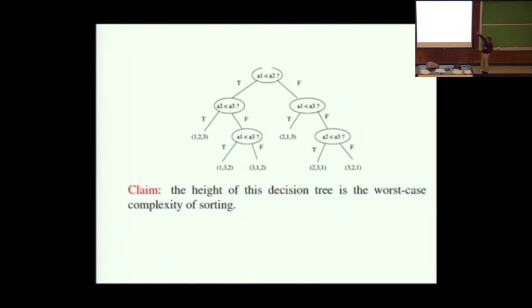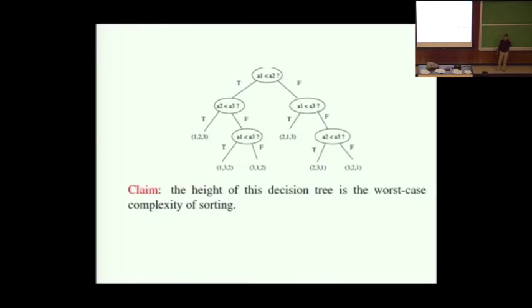Okay, so let's look at what the first one is saying. Compare the first element to the second element. If the first element of the input is less than the second element of the input, then what would insertion sort do? If I had 1, 2, and 3, it would leave it like this. If this was bigger than that, now the first 2 elements are sorted. Does everybody agree? If I now compare the second element to the third element, and this is bigger than that, that means the elements are sorted.